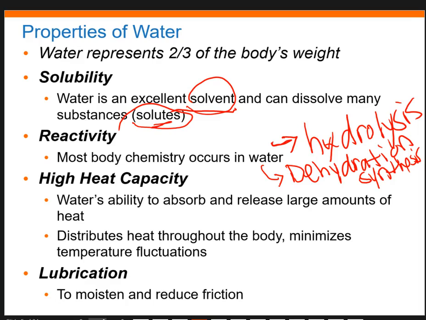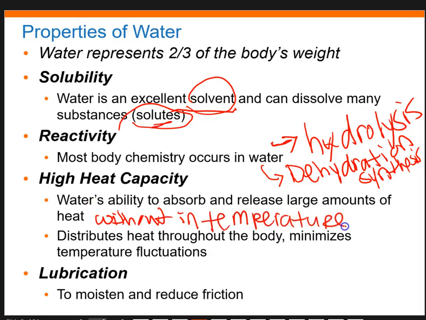Water has a high heat capacity. What that means is that water can absorb and release large amounts of heat without changing temperature. So water has a very stable temperature.